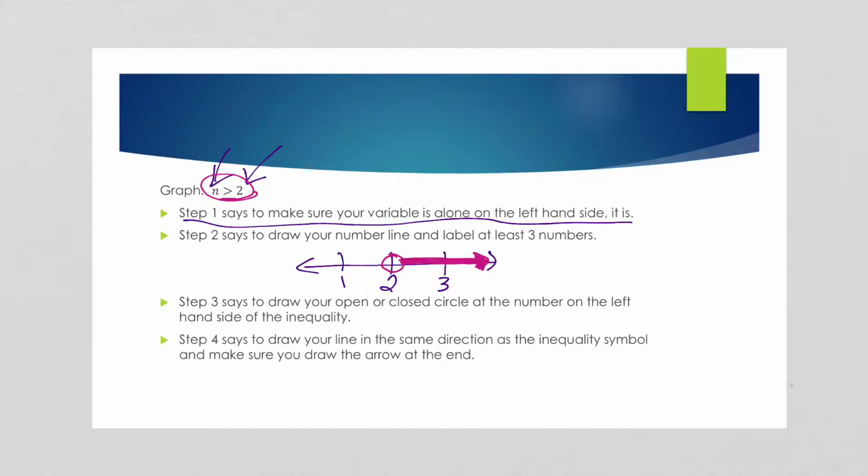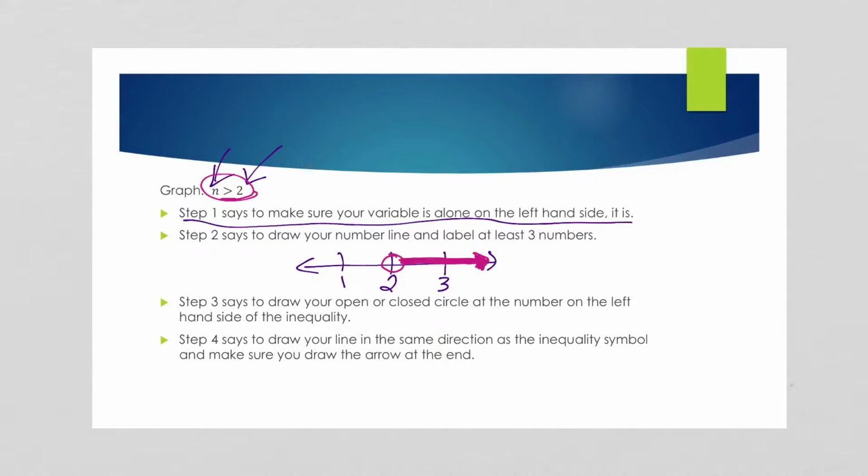Now, what this line represents are all of your possible solutions, or what n could possibly be. The open circle means don't include 2, but you do include the very tiny little decimals immediately to the right of 2.